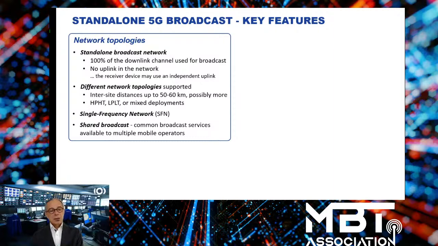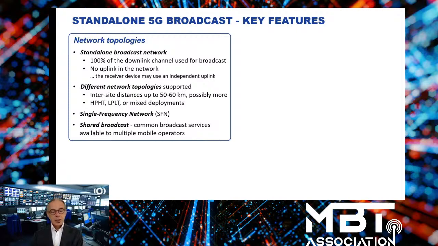But in this particular configuration, we only talk about broadcast, 100% in the downlink channel. So there is nothing else in the downlink, and the network doesn't have an uplink, obviously. That's a broadcast one-to-many, one-directional network. A device, your handheld device, a mobile phone or any other device, may actually have an independent uplink in a different band, on a different technology, but not through this network.